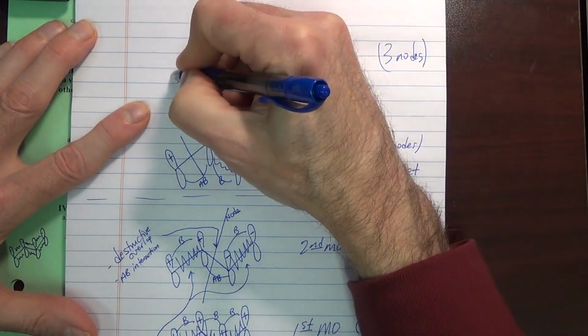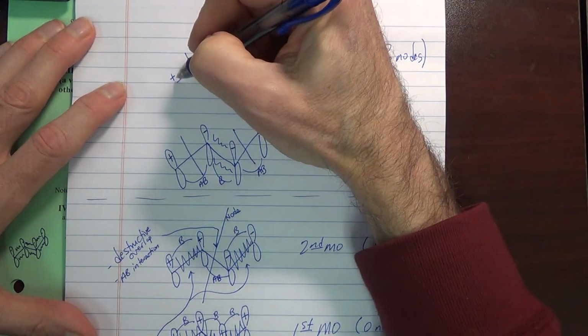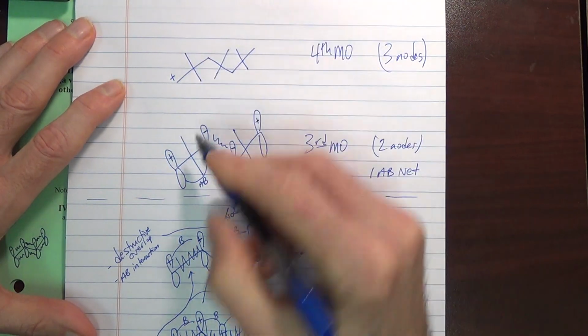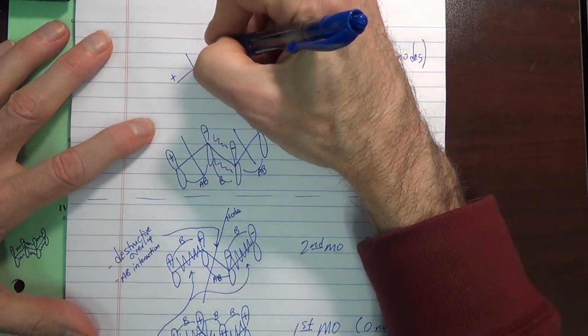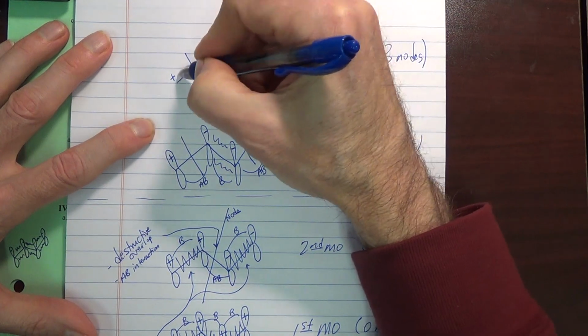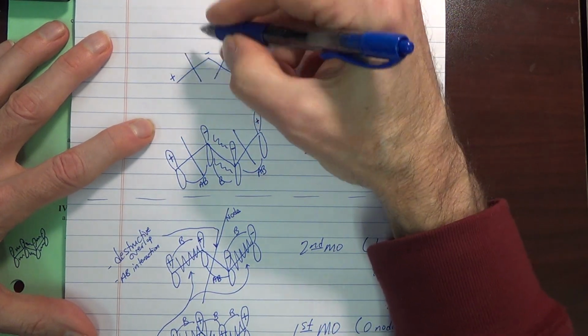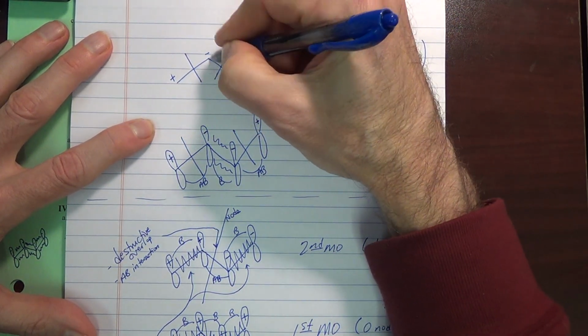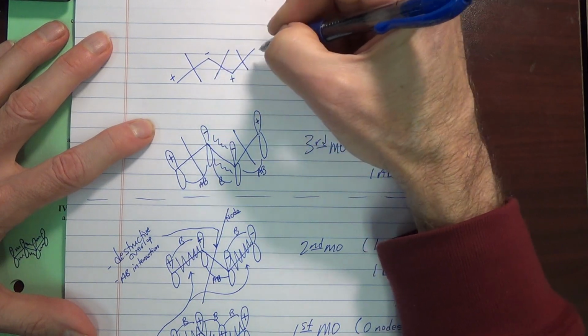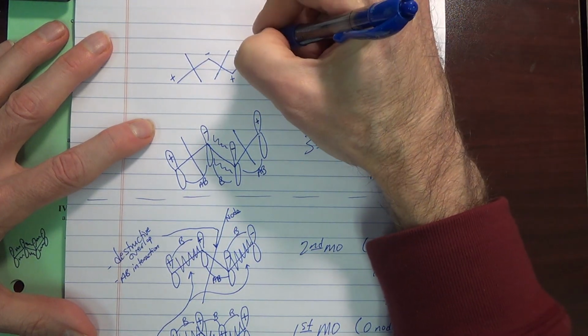Okay? Now if this is plus, really, I'm not going to draw in the p orbital, but it'd be just like if that was plus. And this would be minus, because there's a node between here, but there's a node between these, so we go back to plus. Opposite phase interaction here. And then we want opposite phase interaction here.